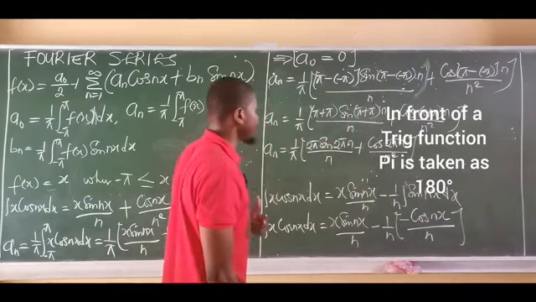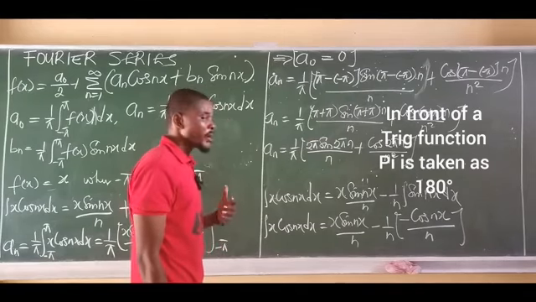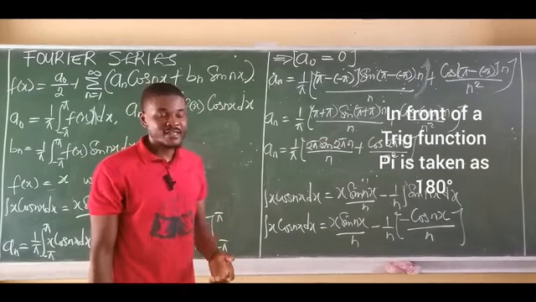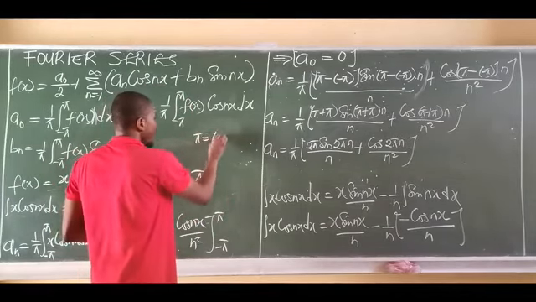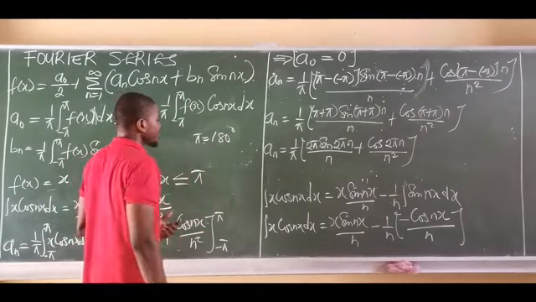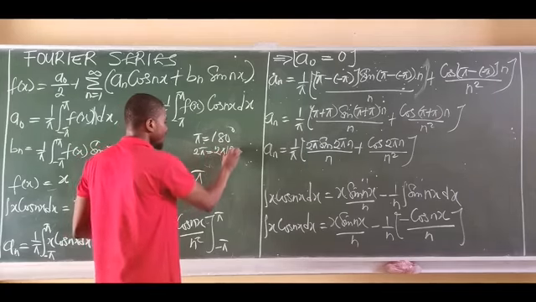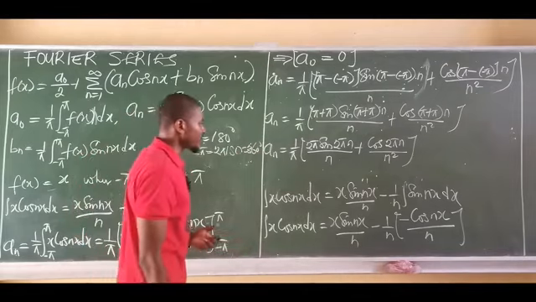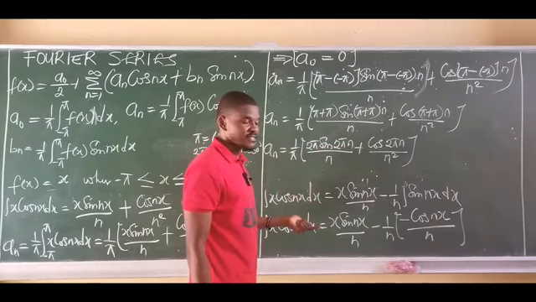Now, in front of a trigonometric function, pi always appears as 180 degrees. In front of a trig function, pi is always 180 degrees. This simply means that 2 pi becomes 2 times 180, and this will give us 360 degrees. So sine 2 pi simply becomes sine 360.